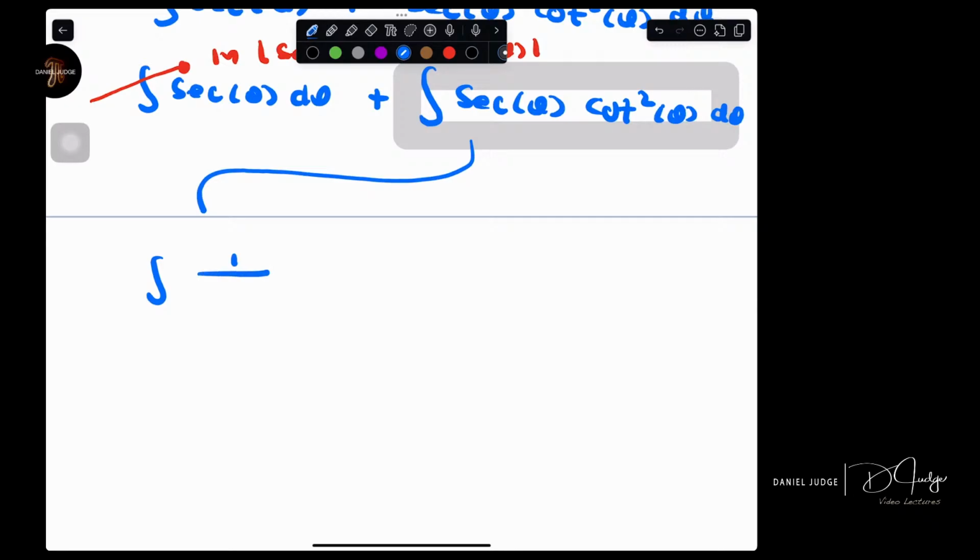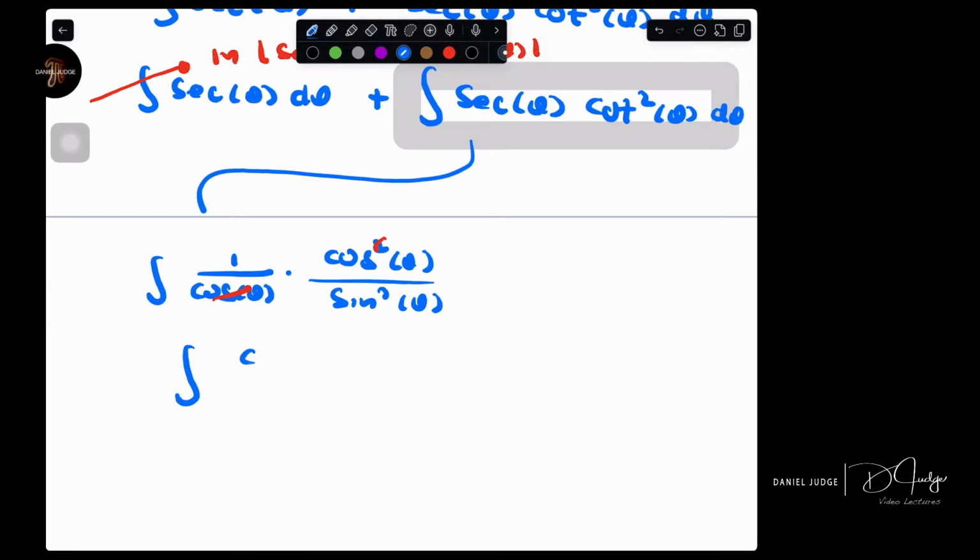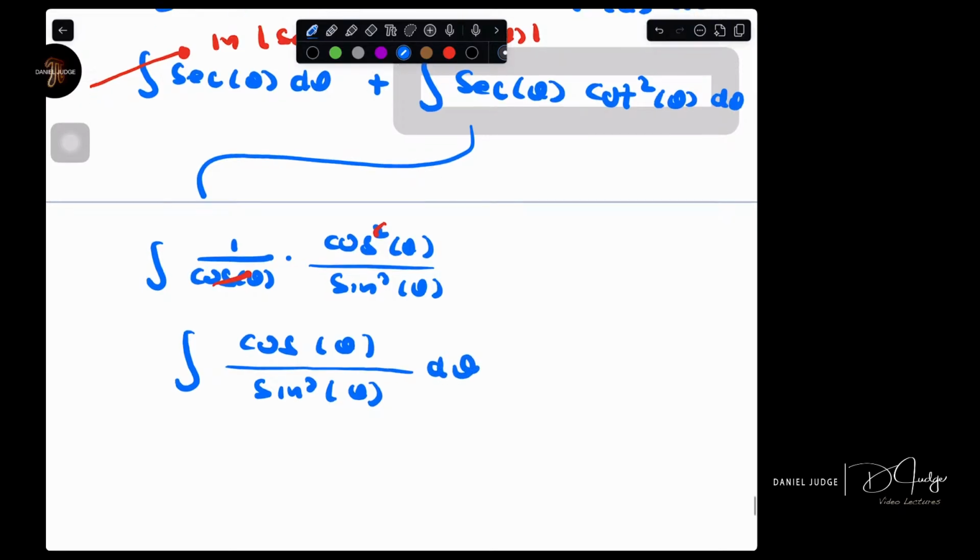Secant theta is 1 over cosine theta, and cotangent is cosine over sine, squared, where the cosines cancel. So you're integrating cosine theta over sine squared theta d theta.